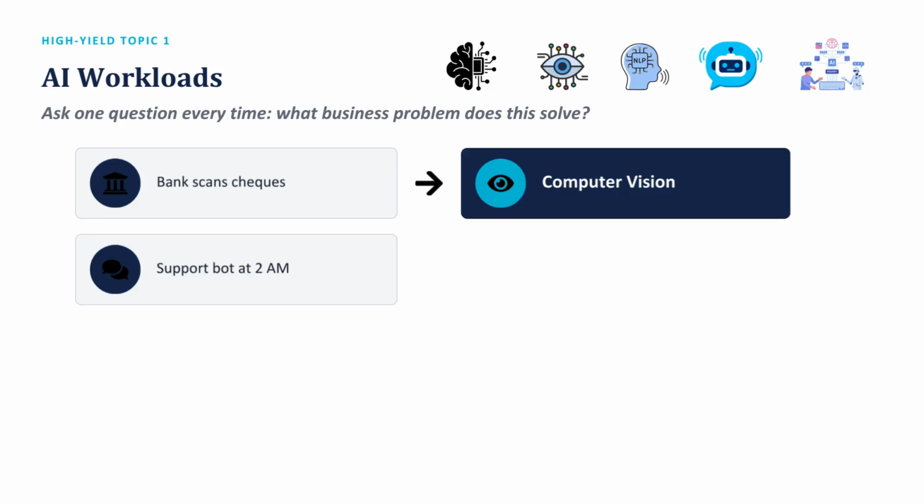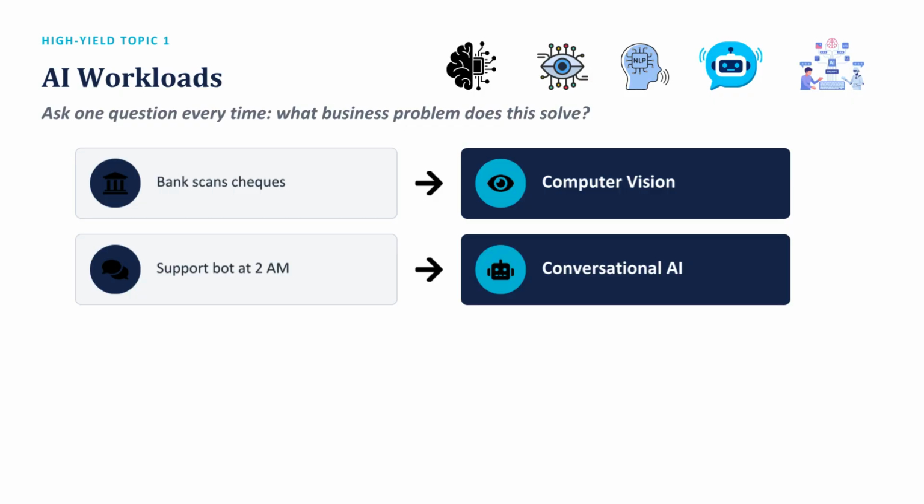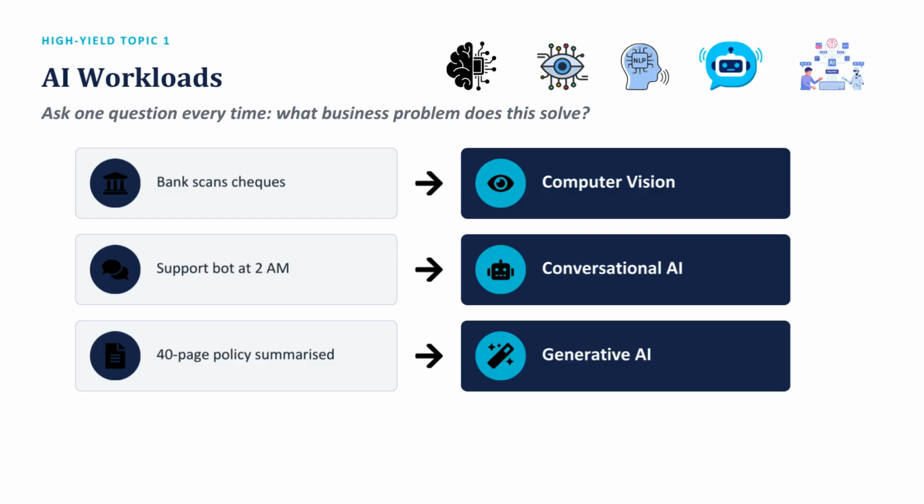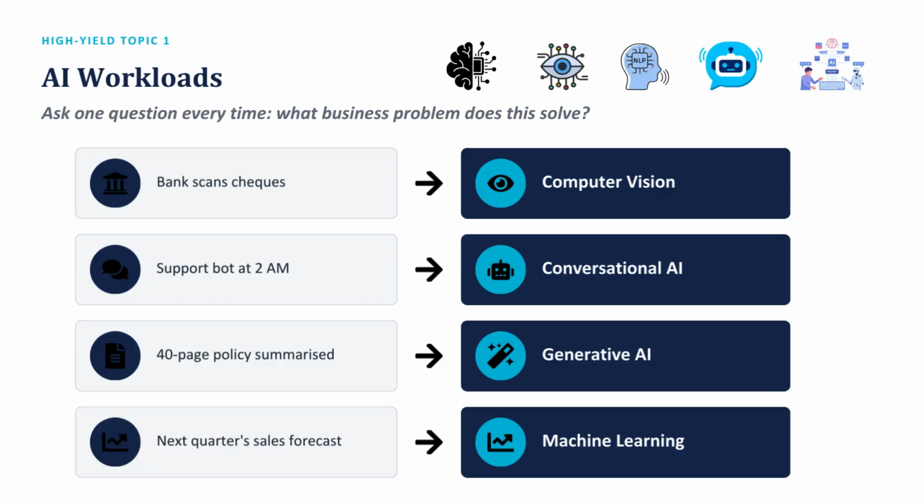A chatbot answering your customer questions, that's conversational AI. Summarizing a long insurance document, that's generative AI. Predicting next month's sales, that is machine learning. In the AI 901 exam, you will see many scenario-based questions like these. If you can quickly match the business problem to the right AI workload, you will answer those questions with more confidence.